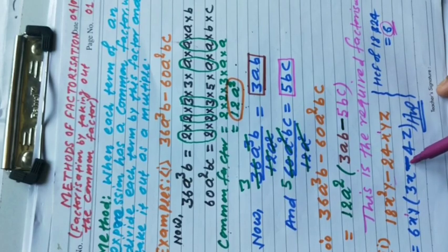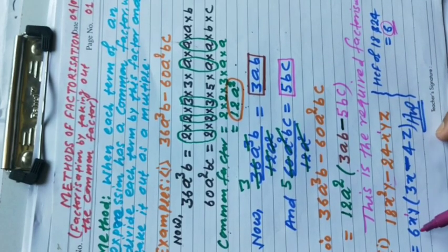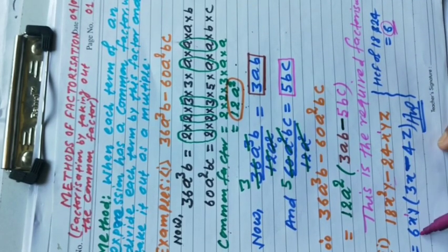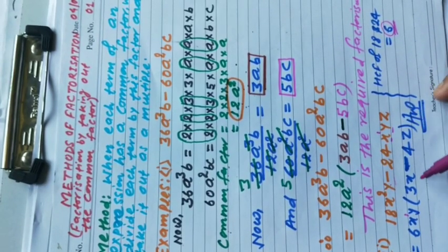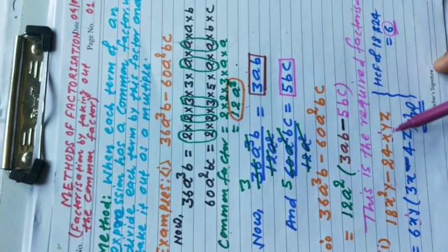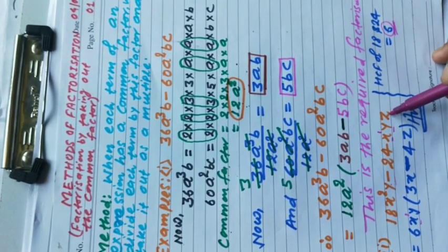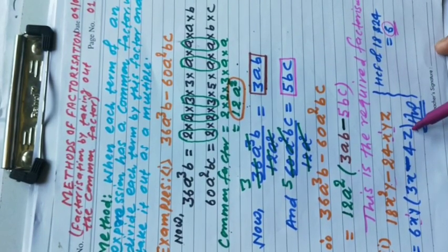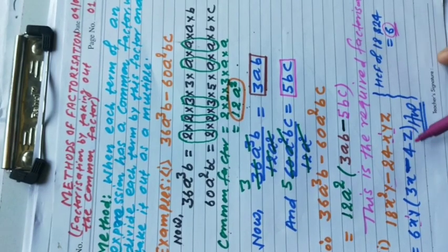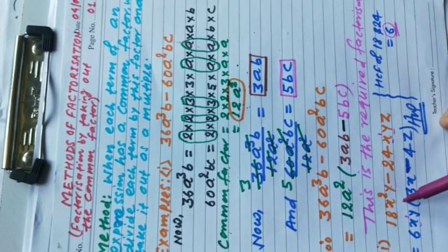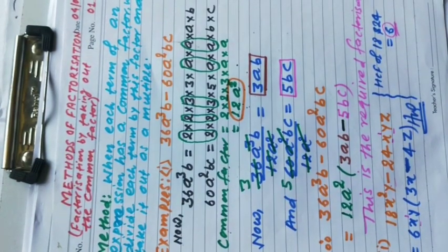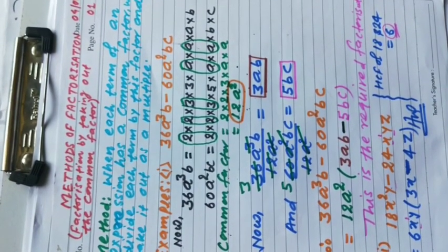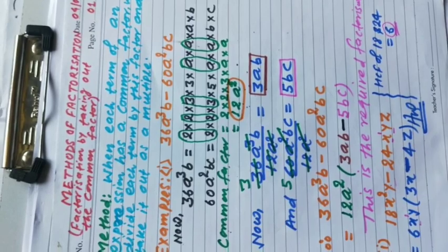Then the minus sign is there, so put the minus sign, and then again divide 24 by 6. Then 4 will be there, and x and y are common. So 4 and z will be left, so 4z will be there. So this is the factorization of the given expression. So in this way you can factorize the given expressions.